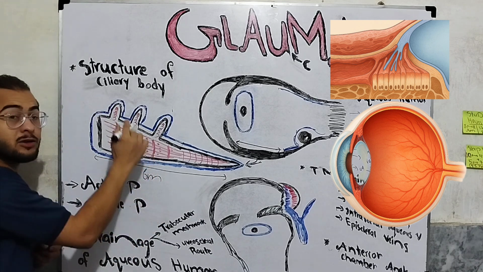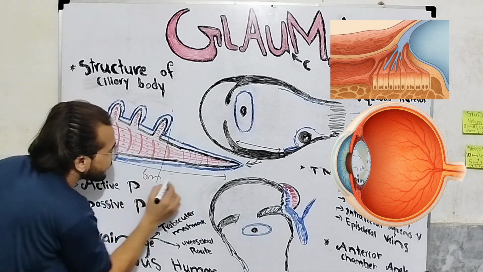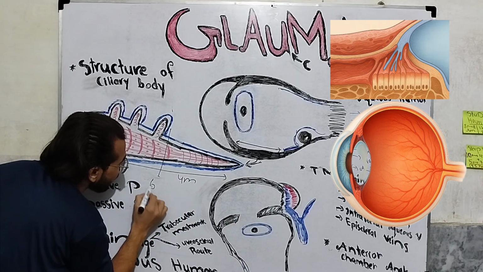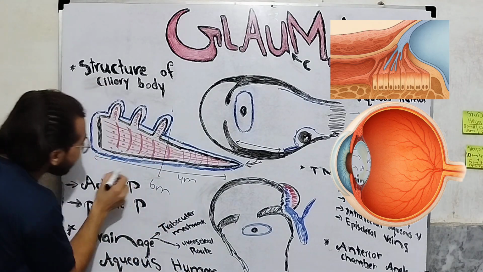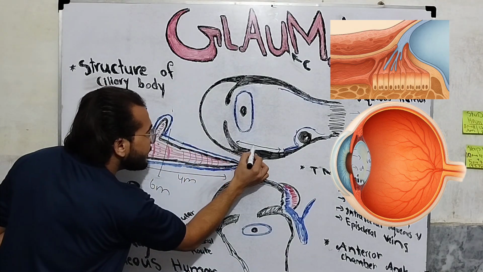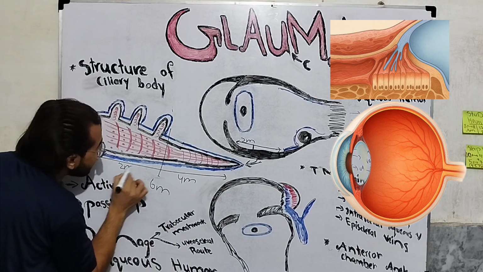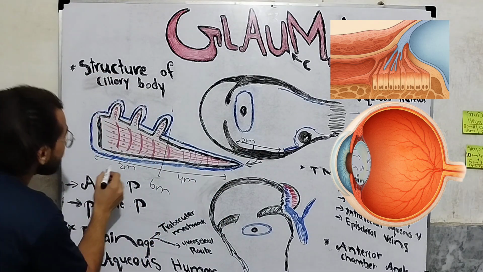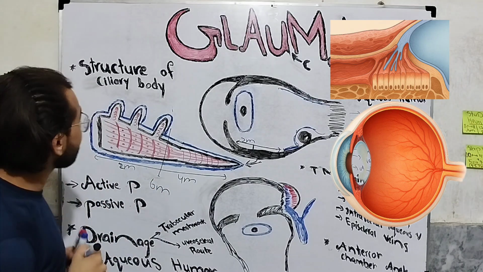The posterior two-thirds, the posterior 4 millimeters of this 6 millimeters, is called the pars plana. The anterior 2 millimeters is called the pars plicata. So, pars plana and pars plicata.